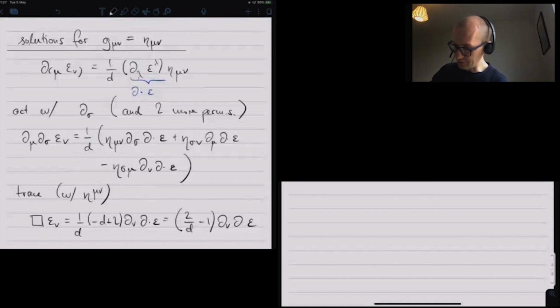But there's one more step that one can do, the final step. Now we apply ∂_μ and symmetrize one more time. So one more derivative we add, ∂_μ, and symmetrize.